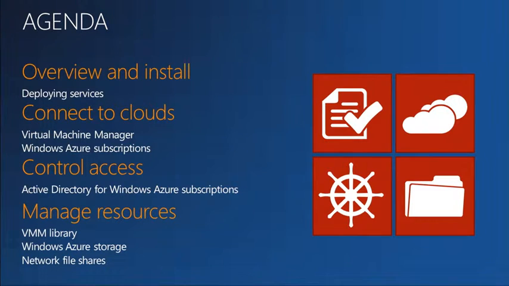The second one is Windows Azure. And so apart from access control, one of the other things that we heard from customers as we were talking to them about what their challenges were for IT management, was having a single place to manage both what was on-prem as part of Virtual Machine Manager and what was in Windows Azure.